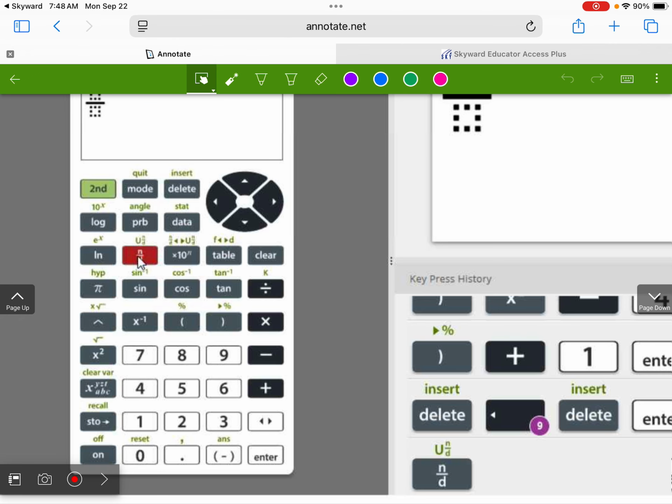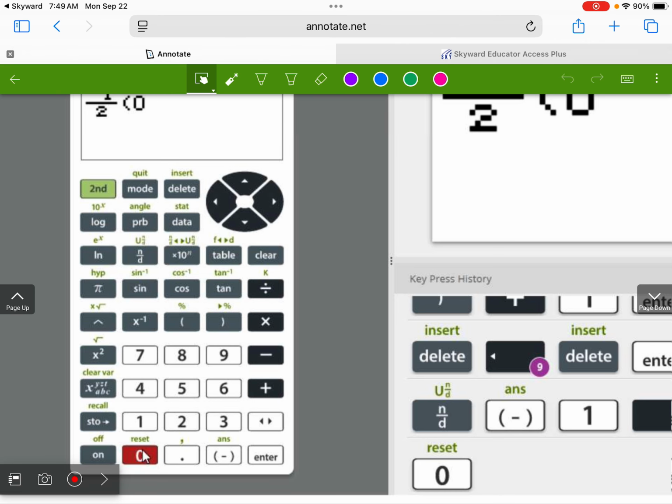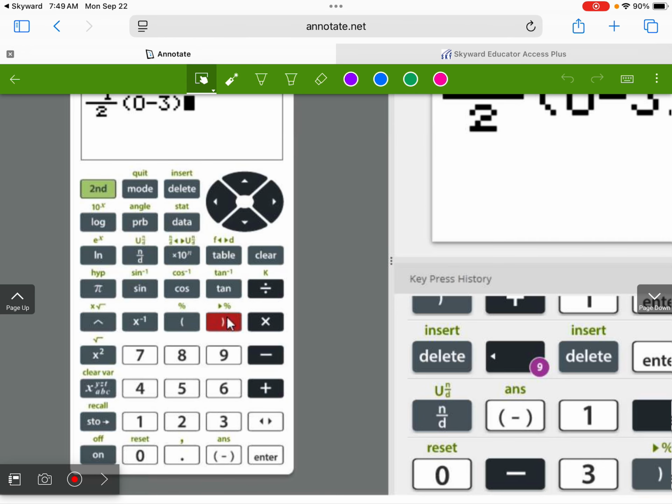We have our fraction, negative 1/2, and we usually have that x minus 3, but I'm going to put 0 in place of the x. So 0 minus 3 squared plus 1. So I can find my y-intercept old school just by substituting 0 in for x.